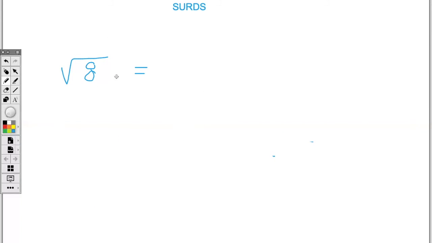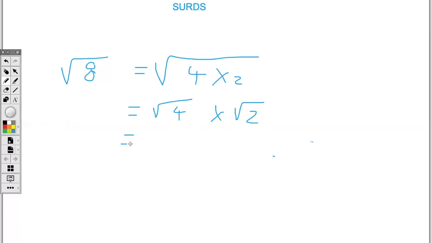Well, the square root of 8, we can simplify this to its lowest form, where it is 4 times 2, and then we have the square root of 4 times the square root of 2. So the square root of 4 is 2, giving 2 root 2.